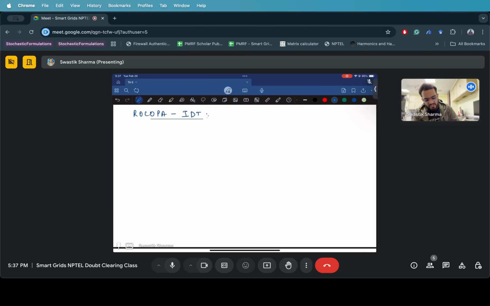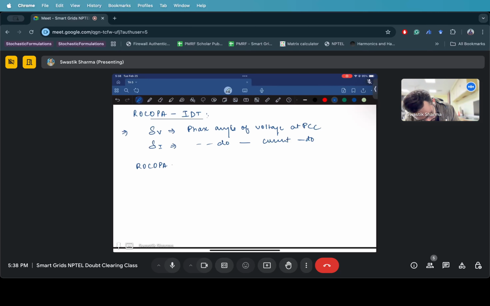So what we do is we check at PCC what is del V, phase angle of voltage at PCC, and phase angle of current at PCC, right? So we monitor both of them, and we check how they are varying. So ROCPA is nothing but delta V minus delta I by delta T.